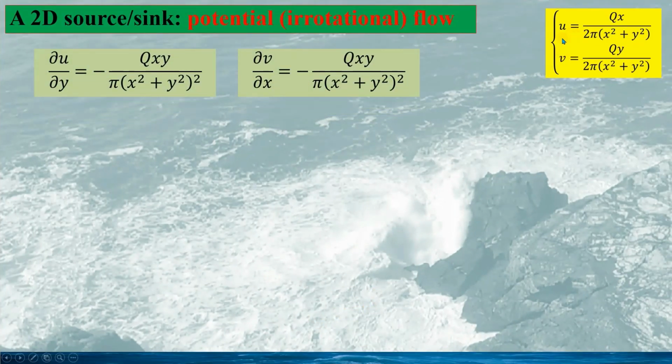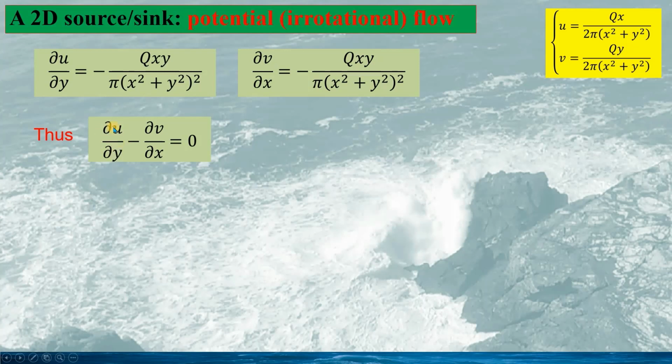Based on the velocity components u and v, we can also calculate the partial differentiation of u with regard to y. It is given as this, and the velocity component v, its partial differentiation with regard to x is given as this.